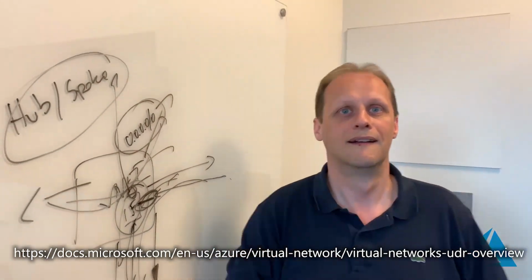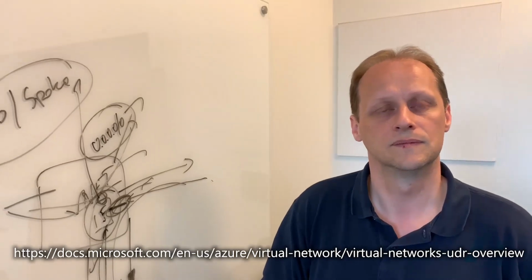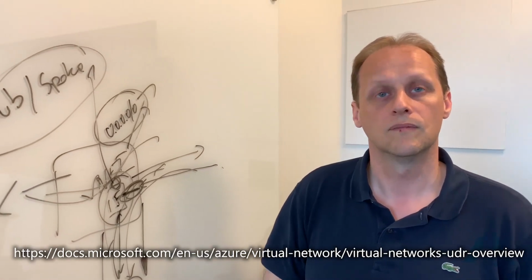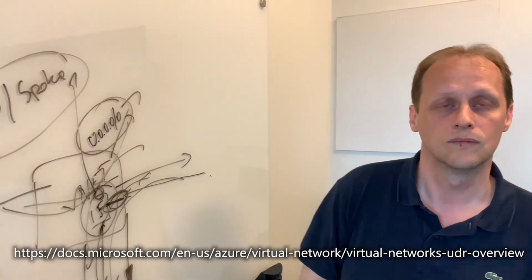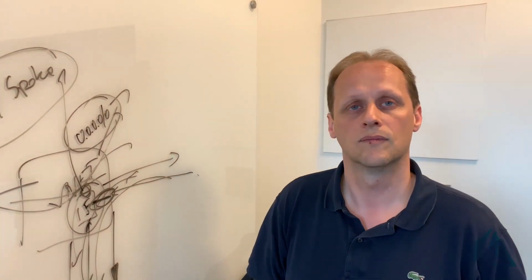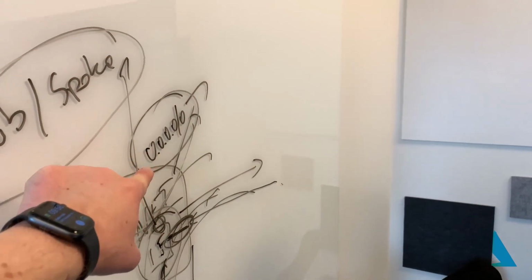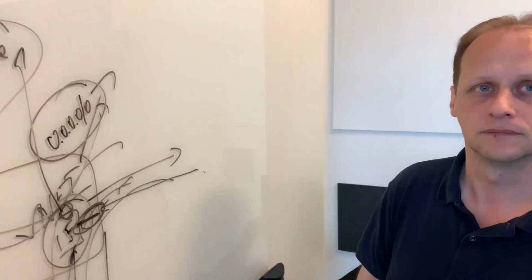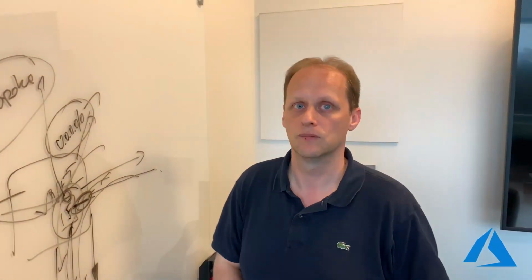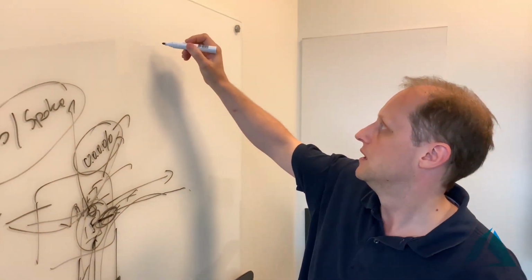Right. And that talks about having longest prefix match wins, so you can have routes that are applied to the NIC. And this, for example, is a short prefix, whereas if you had a longer prefix, it would take precedence over that. That's right. So the basic of routing is this.